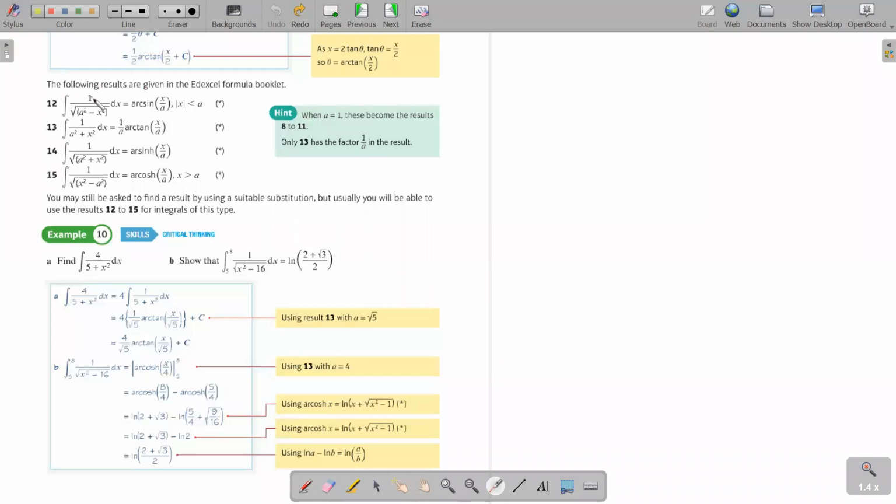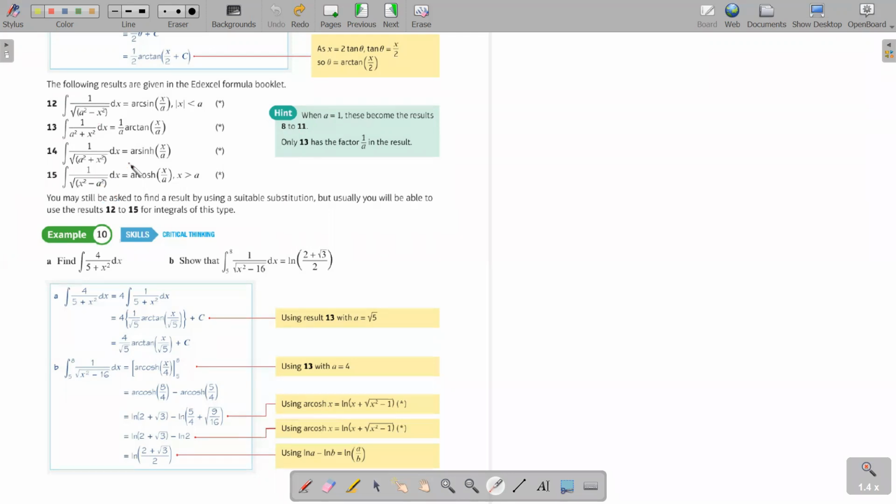Then they have given you these results. The following results are given in the formula booklet. In the first step, we went through rules 1 to 11. These are rules number 12, 13, 14, and 15, which are almost the same as 8 to 11; when a becomes 1, they become the rules from 8 to 11.